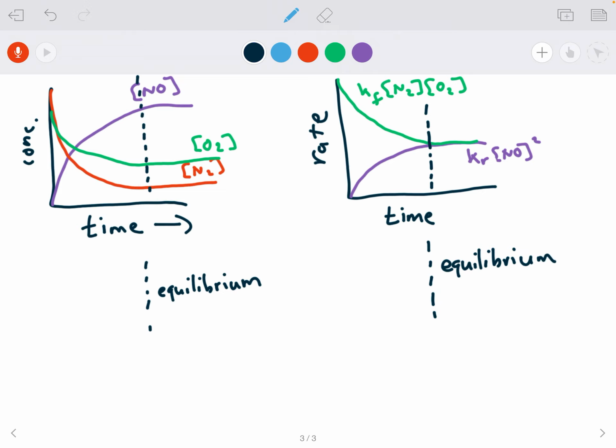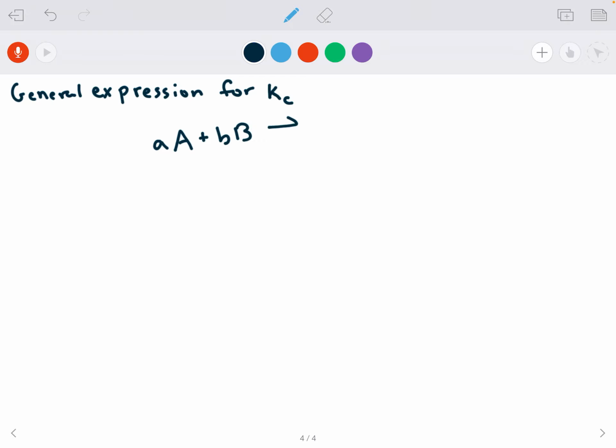So from this example, and then from the graphs we just showed, you can give a general expression for Kc. So if I say I have the reaction aA plus bB is in equilibrium with cC plus dD.